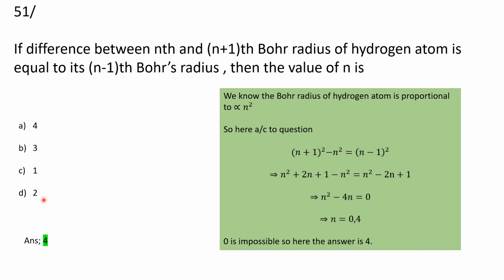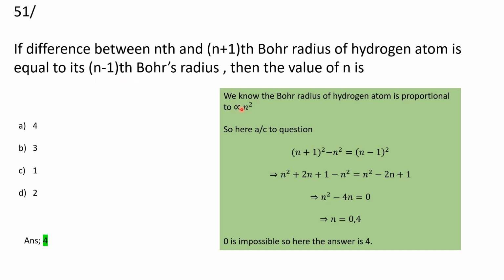So let's come to the solution, and we know that the Bohr radius of hydrogen atom is proportional to n square. According to the question, the difference between the nth and n plus 1th Bohr radius of hydrogen atom is the n minus 1th Bohr radius.